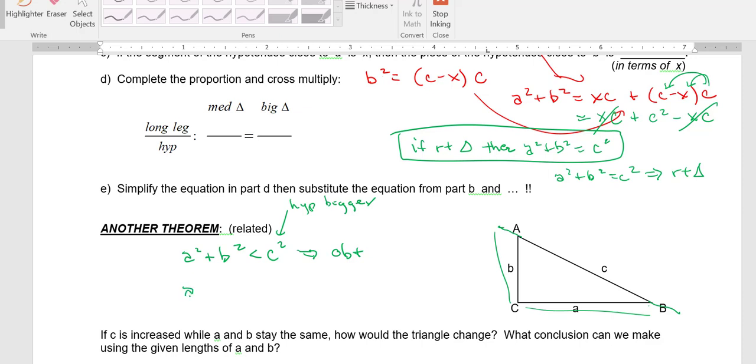And likewise, if a squared plus b squared is greater than c squared, so the c side is smaller, the hypotenuse is smaller, then you're going to end up with an acute triangle.